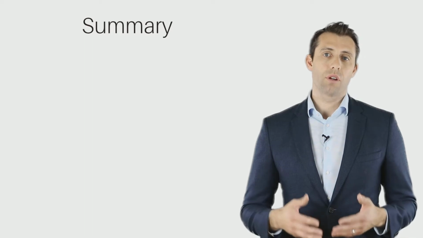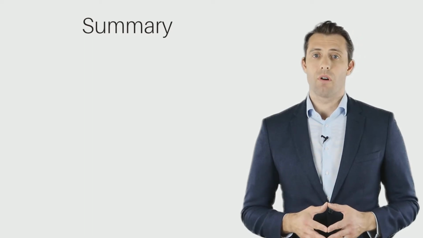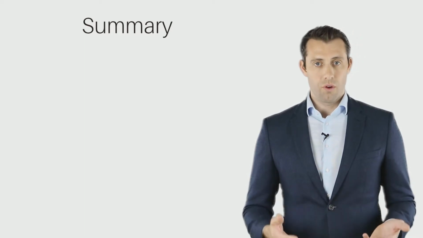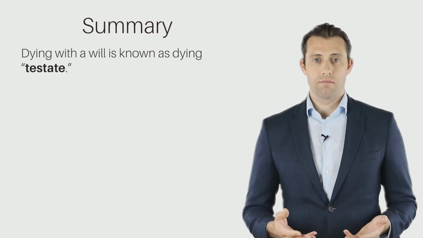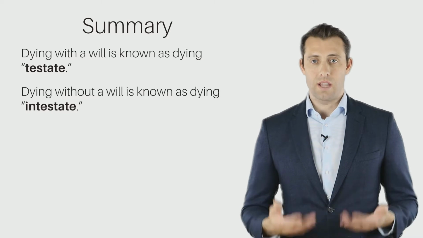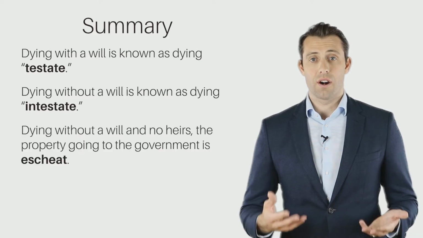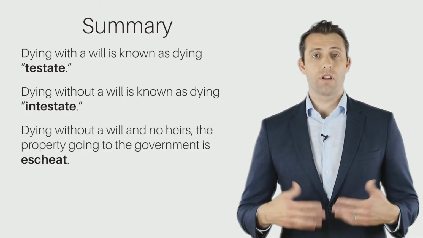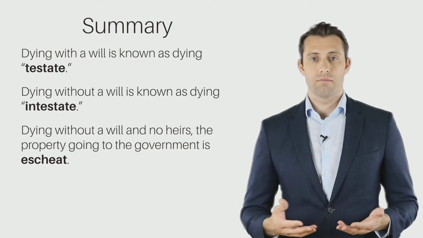To wrap up with a quick summary, the things to remember are, if we die with a will, we are dying testate. If we die without a will, we are dying intestate. If we don't have any heirs, then it will go to the government, known as escheat.